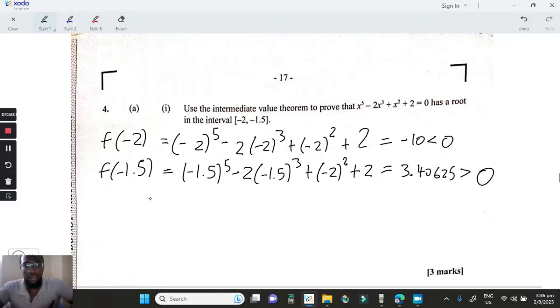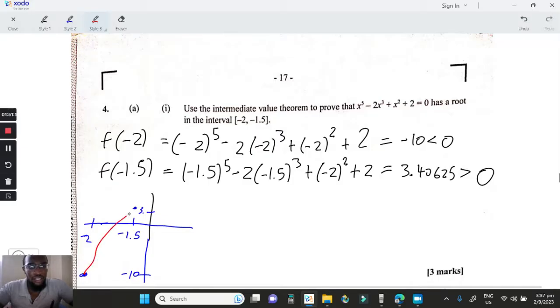So if you were to give them a sketch of what we're talking about, the root being, this is negative 2 and this is negative 1.5, we notice that the y values we're getting, one is negative 10, which is right here, and then negative 1.5 gives 3 point something, which is right here. If you show them the sketch, there's a root in there.